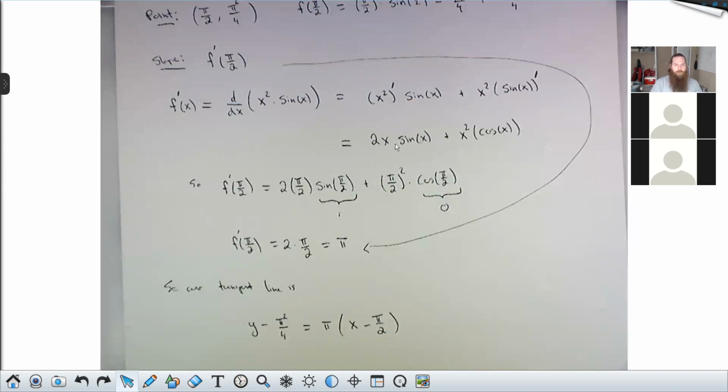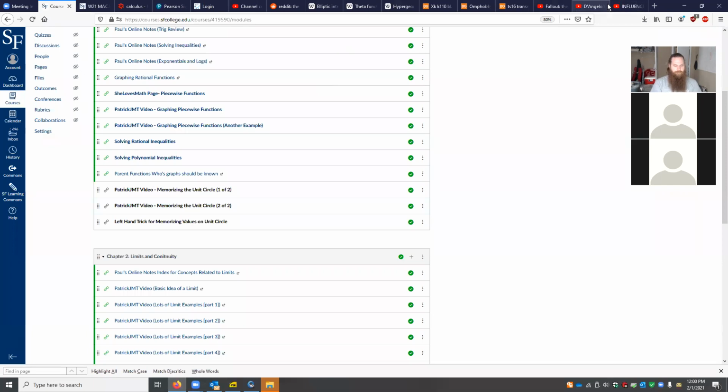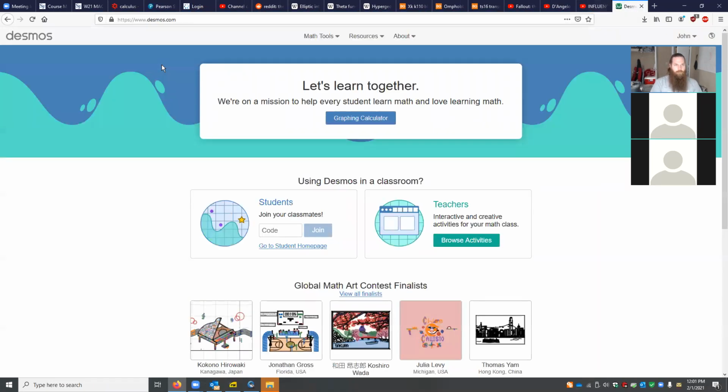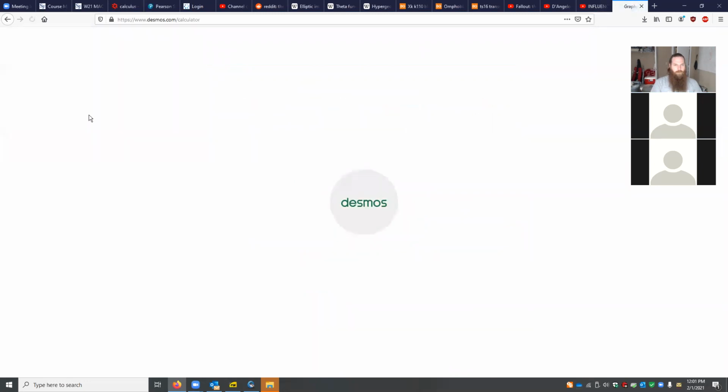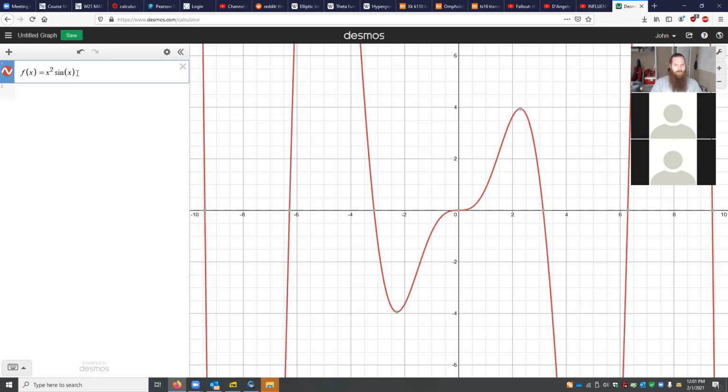Just for fun, these aren't easy functions to graph by hand, but let me show you the graphs of these together with the tangent line. So f of x is x squared times the sine of x. Kind of a weird looking function.